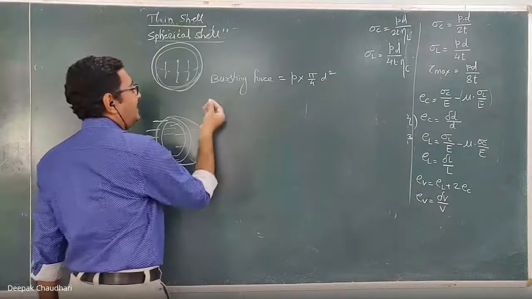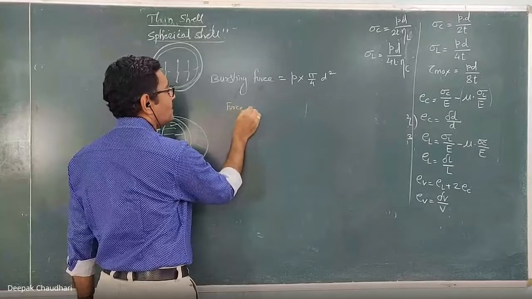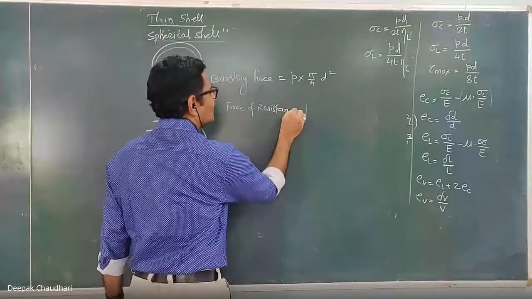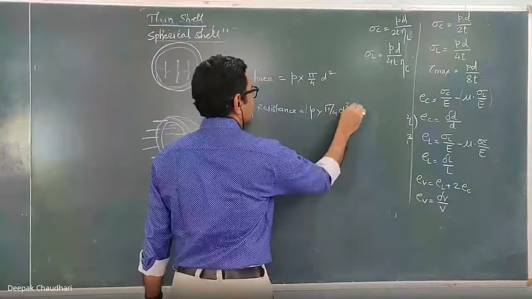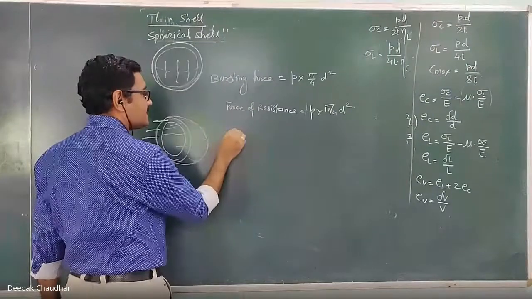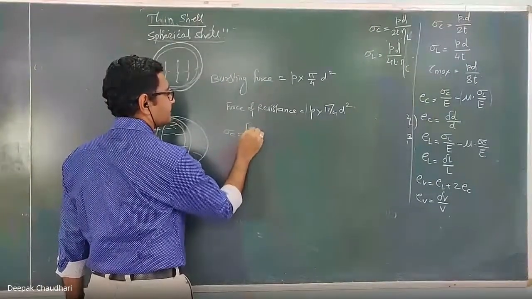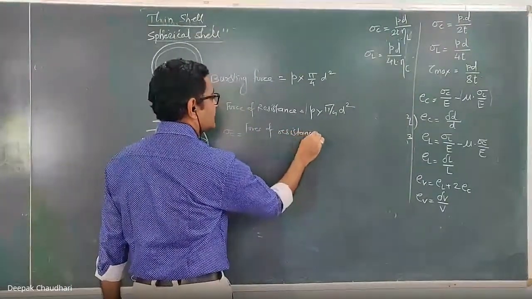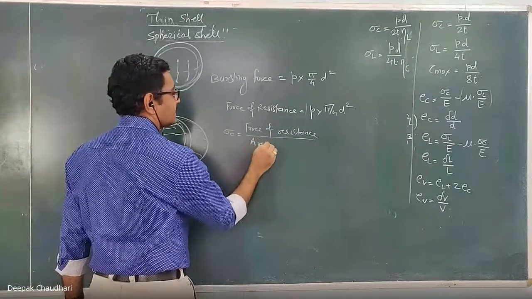In equilibrium, this bursting force itself is equal to the force of resistance which is induced along the circumference. So this force of resistance is equal to P into pi by 4 into d square. Now we know that the circumferential stress is equal to the force of resistance upon area of resistance.